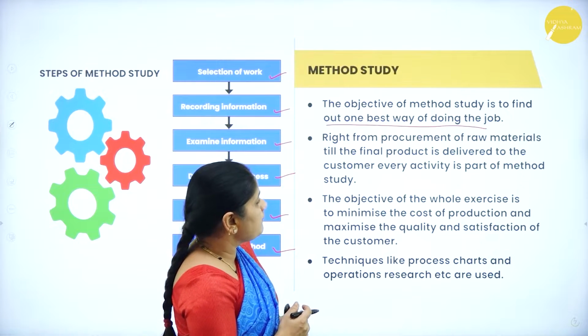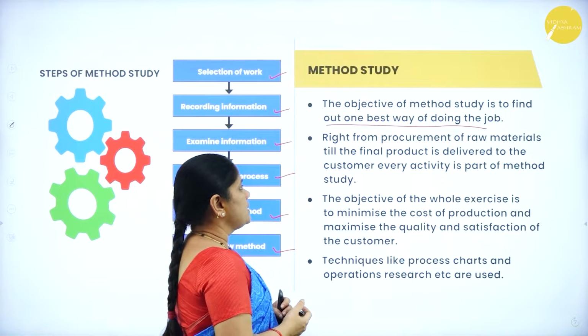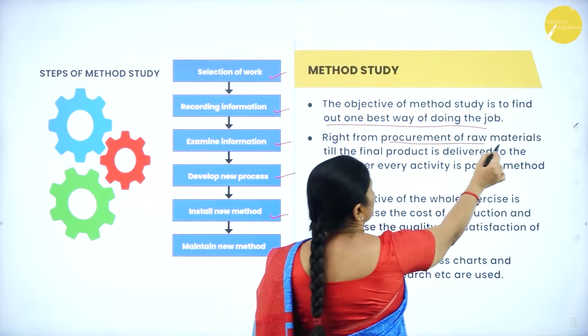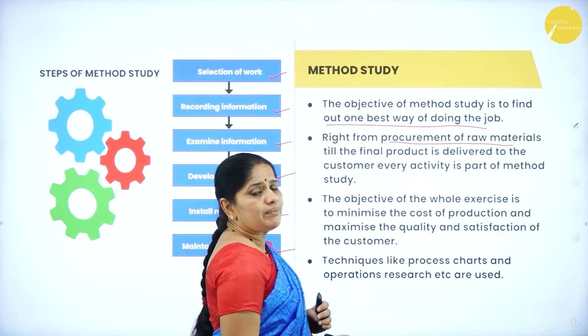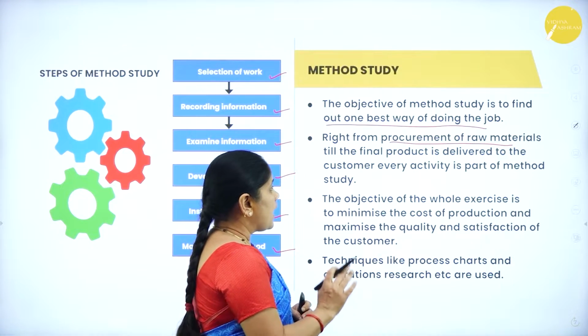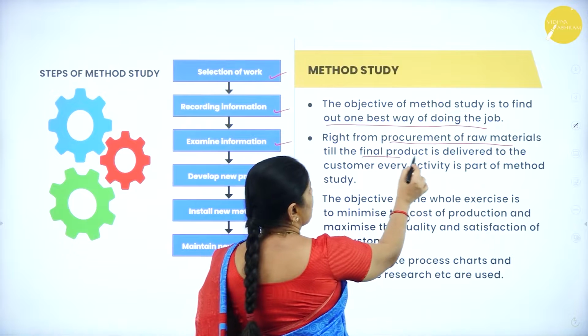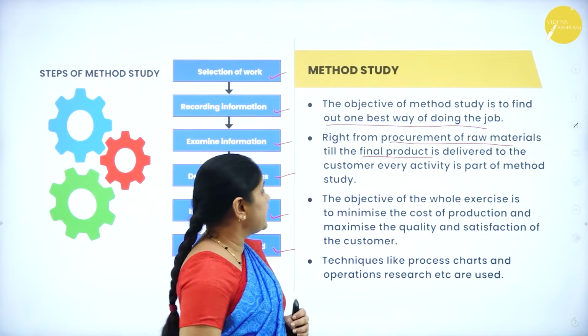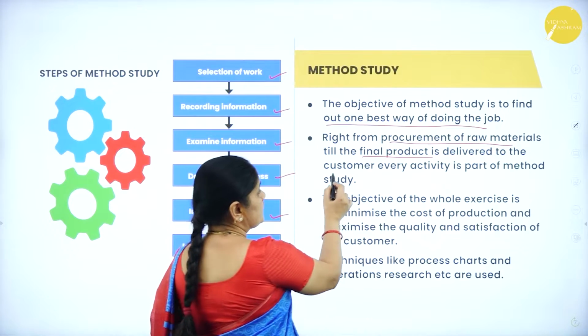Then right from the procurement of raw materials to the final product, every part is a part of method study. Procurement of raw materials means you will be purchasing raw materials for the production unit, and whatever product comes out of your production unit will be delivered to the customer.